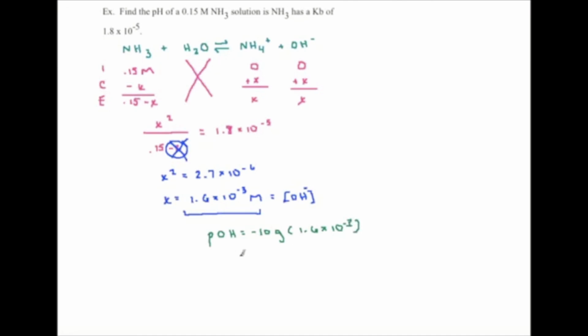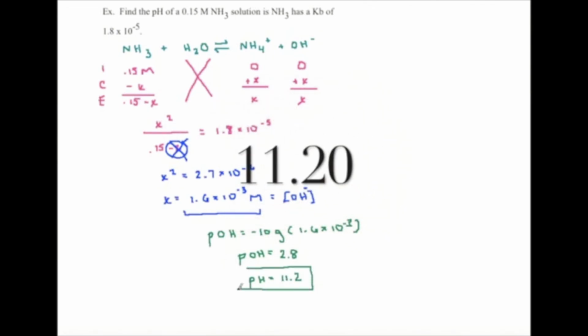When I do that, I find that my pOH equals 2.8. Now, I'm not actually interested in pOH. I want to find my pH. So 14 minus that value gives me a pH of 11.2. And that is my final answer.